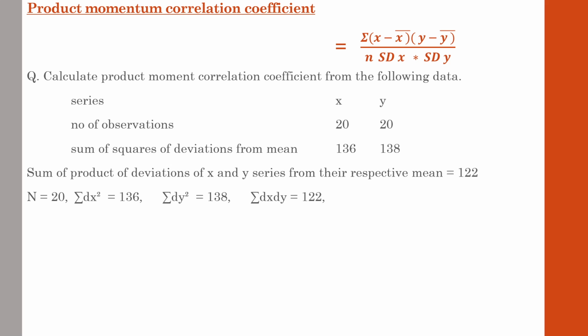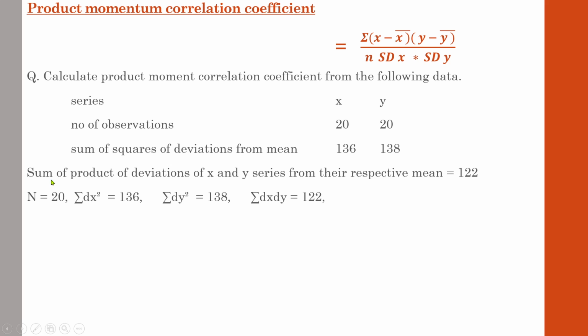Whenever the sum of that squared value is taken, it is known as sigma dx square. When you are dealing with x, it is dx, and when you are dealing with y, it is dy. So sigma dx square is 136 and sigma dy square is 138.